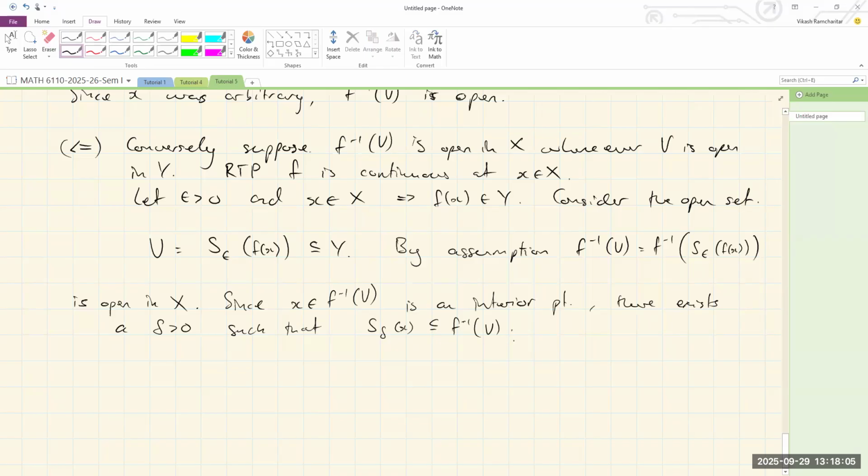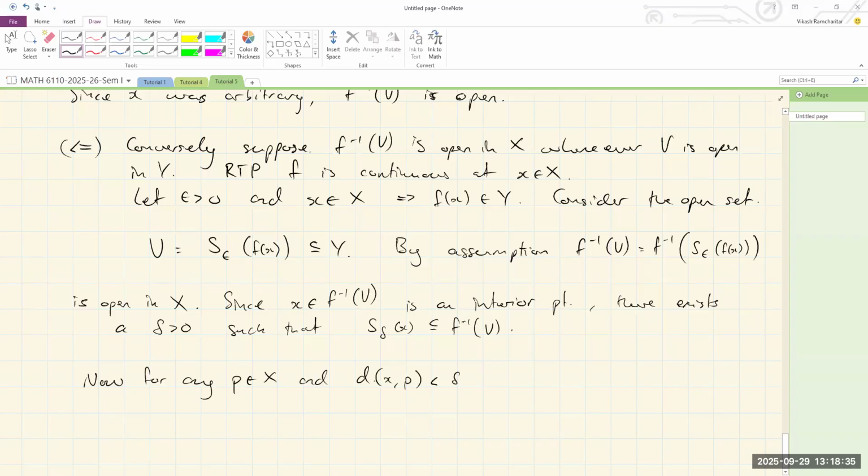Now I need to take any other point, right? Because I want to show that f is continuous at every point in x. So for any other point p in x, where the distance between x and this point is less than delta.